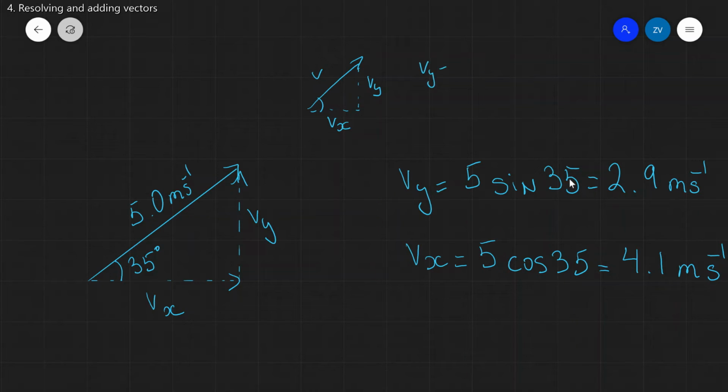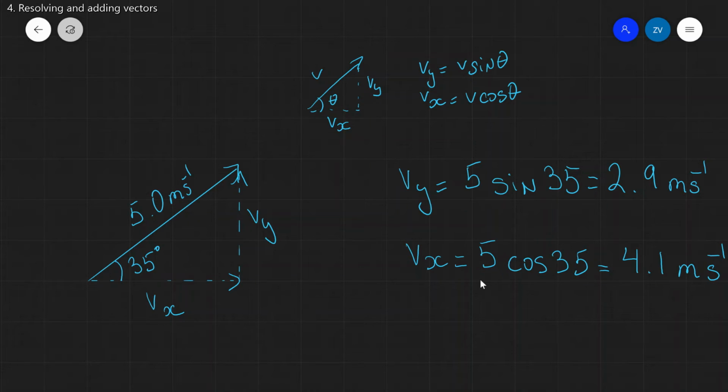So Vy will be equal to V sine theta, and Vx will be equal to V cos theta. I have proven this relationship using simple trigonometry on the main videos that I have on vectors. So if you're unsure about where this comes from, please have a look through the playlists, and under module 2 foundations of physics you're going to find quite a few of my vectors videos. Anyway, so Vy will be 5 sine of 35, which is equal to 2.9, and Vx, which is the horizontal component, will be equal to 5 cosine of 35.